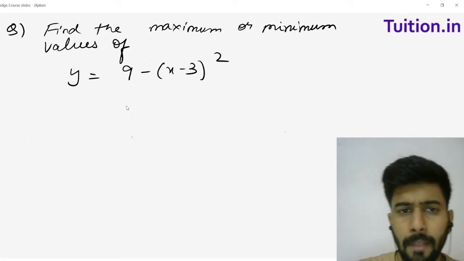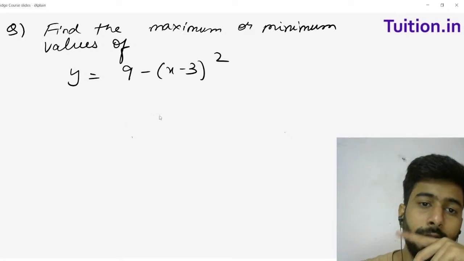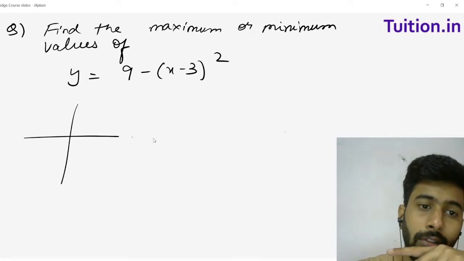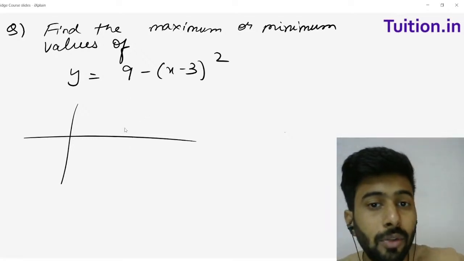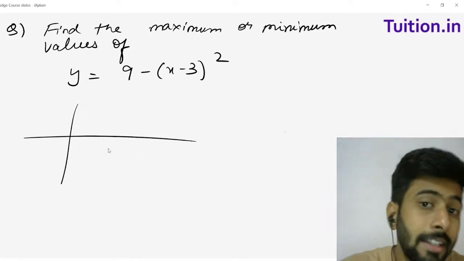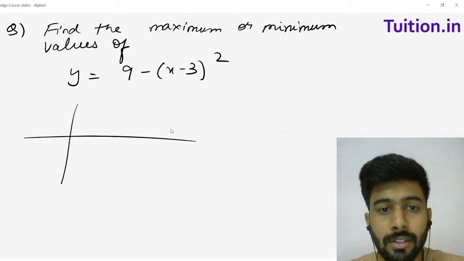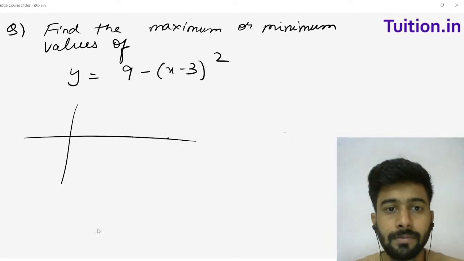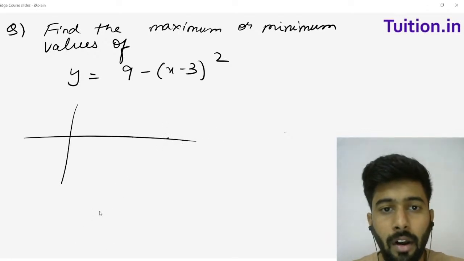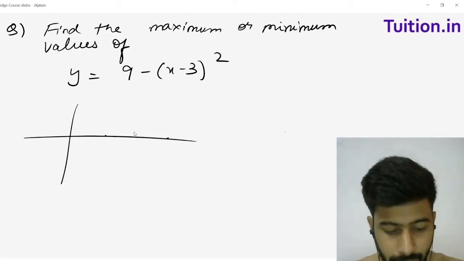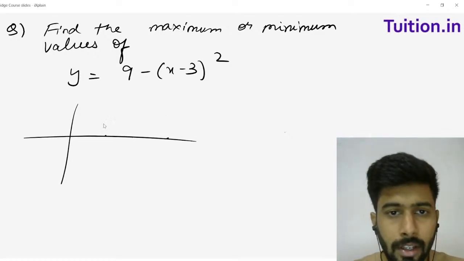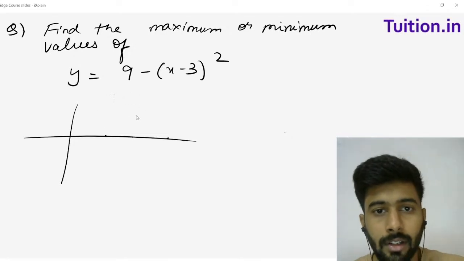And guys, there are multiple ways in which you can do this problem. If you know how to draw the graph of 9 minus (x minus 3) whole square, right now you would not know, but let's say you knew how to do this.